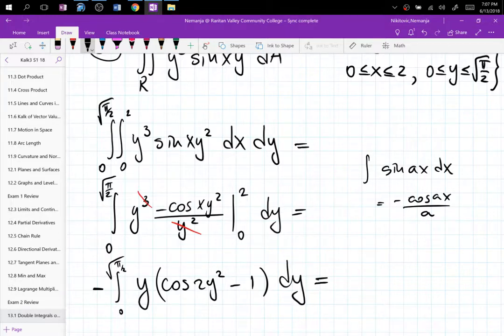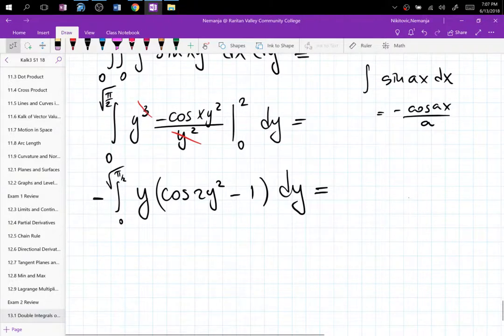I still have dy. Is this bueno? Cosine of 0 is 1. And then it's negative because in the formula, it's f of b minus f of a. And then the negative I factor in front of the integral.